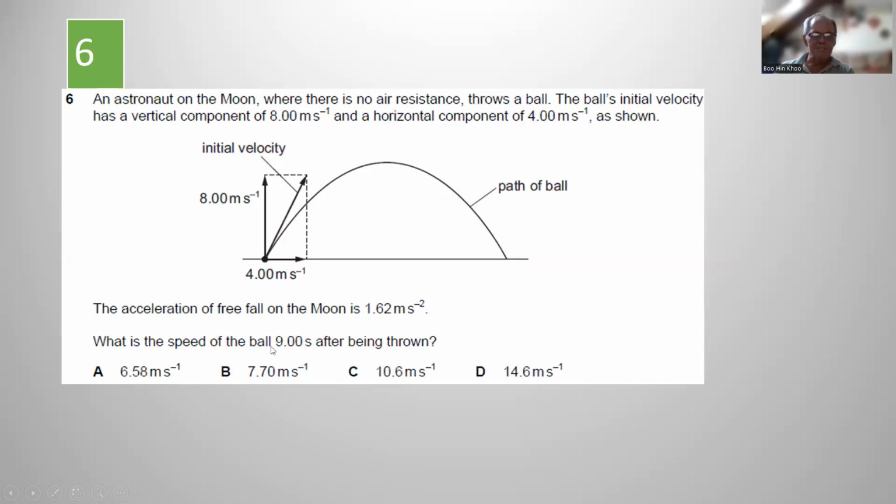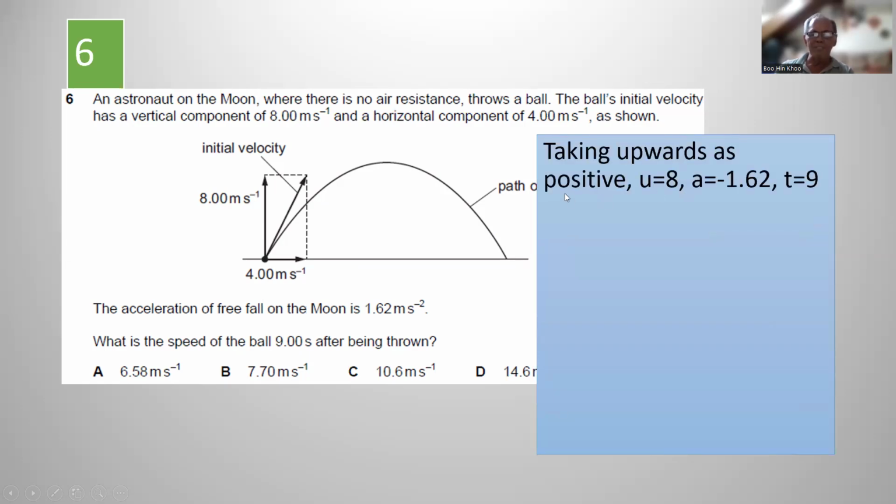What is the speed of the ball 9 seconds after being thrown? The horizontal component hasn't changed. It is always the same. Only the vertical one is changing. So we calculate the vertical one.